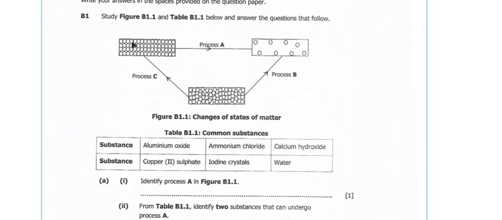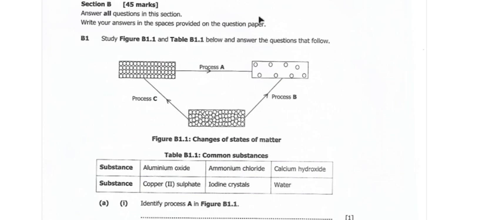Oh, sorry, this is for gas, this is for liquid, this is for solid. The difference is that for solid, the particles are arranged in a certain pattern, in a regular manner, but this one is irregular.